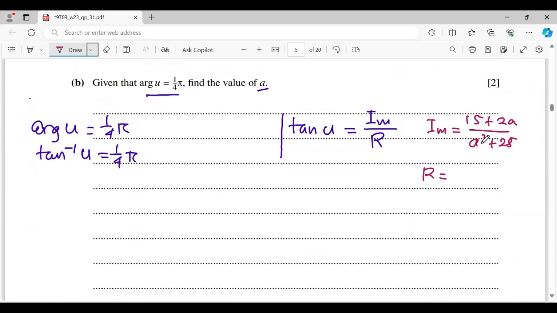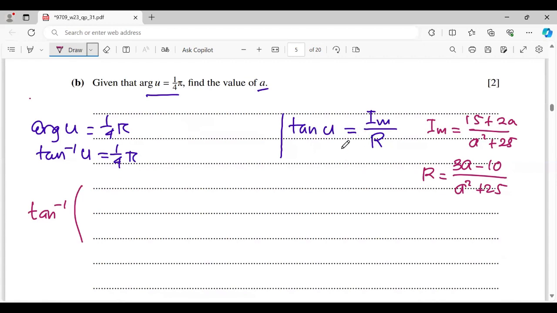The real part is 3a minus 10 over a squared plus 25. So it means tangent power minus 1 of u becomes like this. I'm going to write it like this.